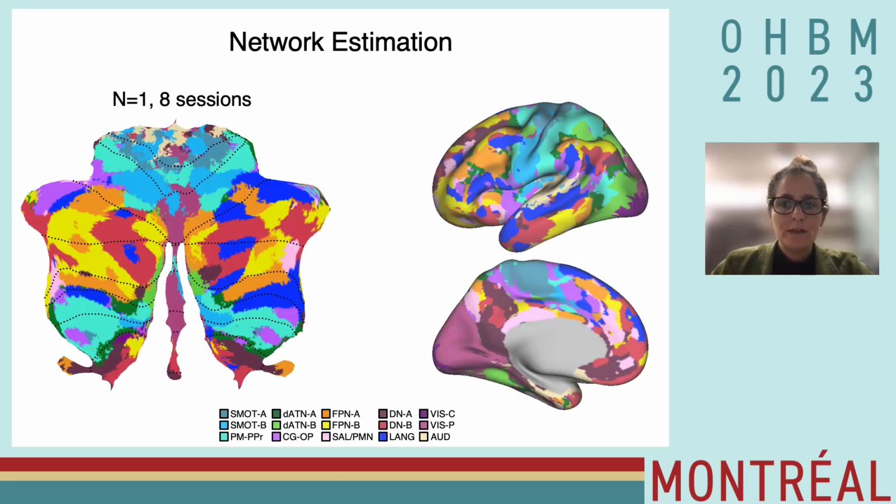We estimated 15 networks in the cerebral cortex using a multi-session hierarchical Bayesian model, and then, based on functional connectivity, we derived the cerebellar parcellation, here shown for one representative participant. As expected, the region of the somatomotor maps are occupied by the two somatomotor networks of the cerebral cortex.